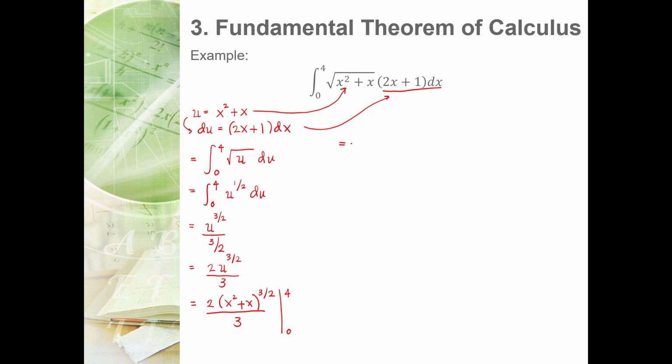So again, that will be f of b minus f of a. So upper limit first, then minus the lower limit. So that will be 2, and then applying the 4 first, so this is 4 squared plus 4, then raised to 3/2 all over 3.